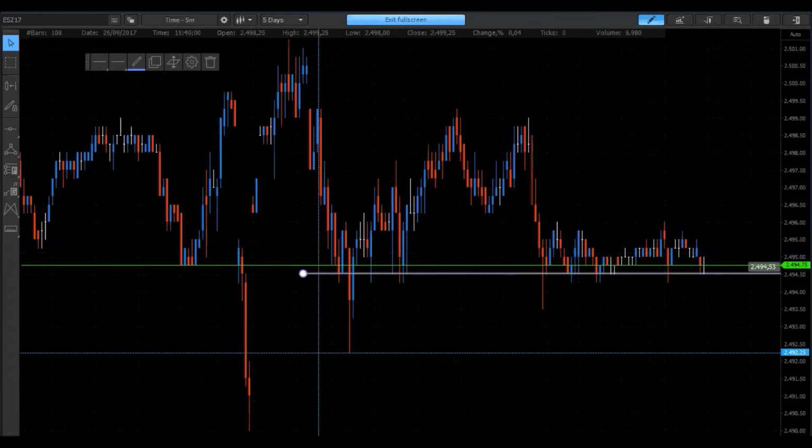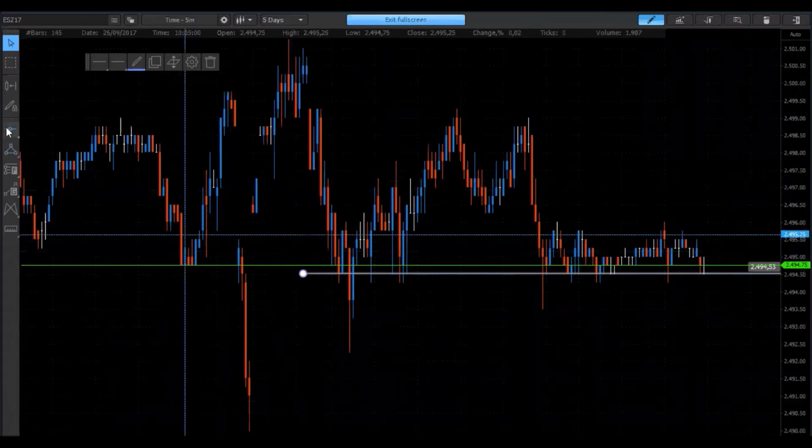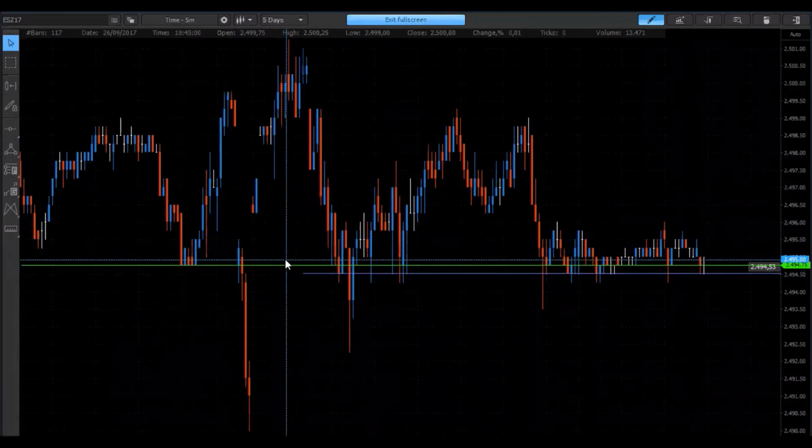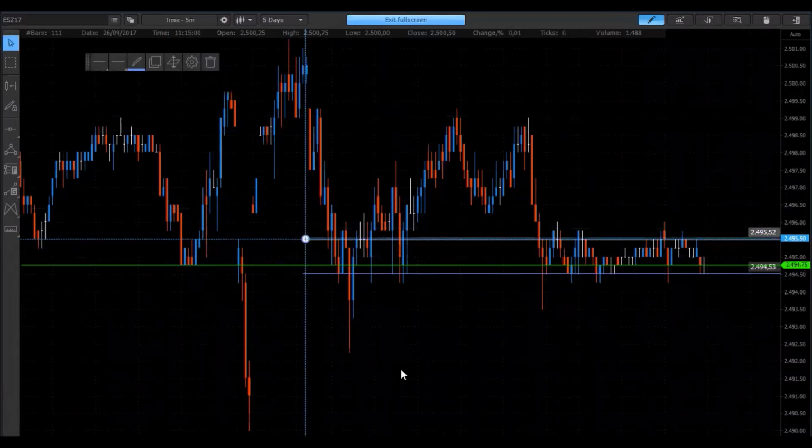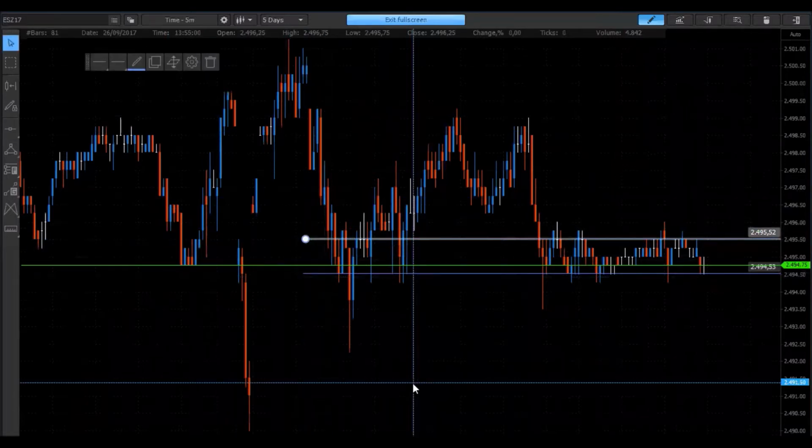Now let's go for our resistance line. And here we go. Oops, my bad. Click again, select it, and there you go.